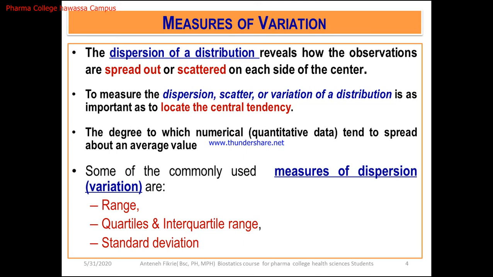If the data distribution is not normal, we give the median as the central tendency and the interquartile range from the measure of variation; the median and interquartile range can be used together. The measure of variation is the degree to which numerical or quantitative data tend to spread about an average value, that is, how they have been scattered or dispersed from their mean.